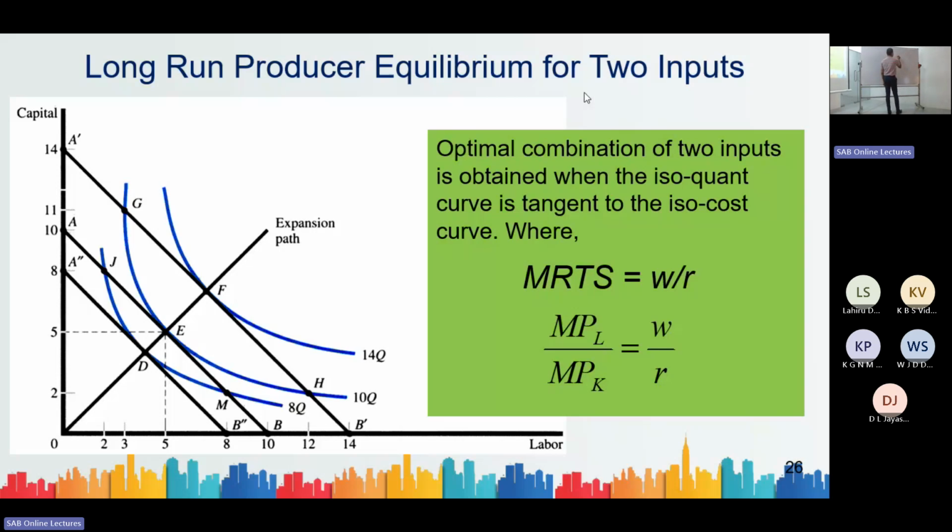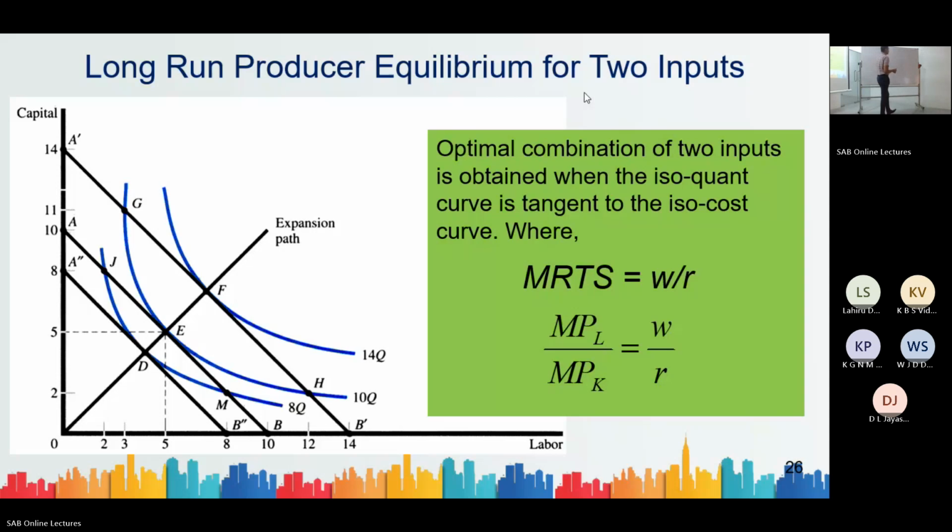So here, marginal rate of technical substitution is a positive value. Here also we avoid the negative sign. We don't mention the negative sign here as well.